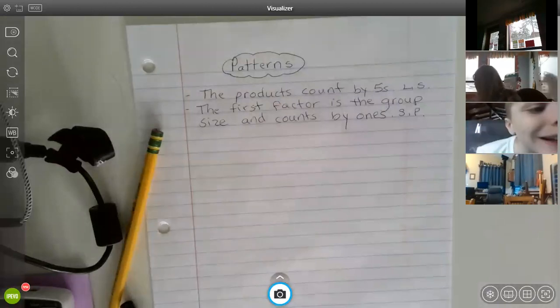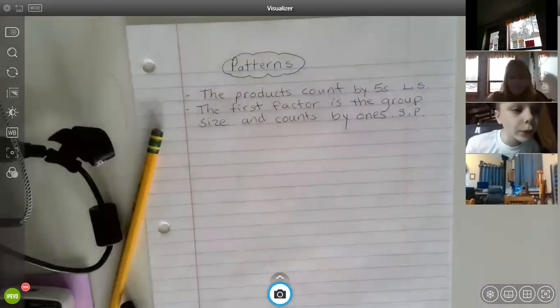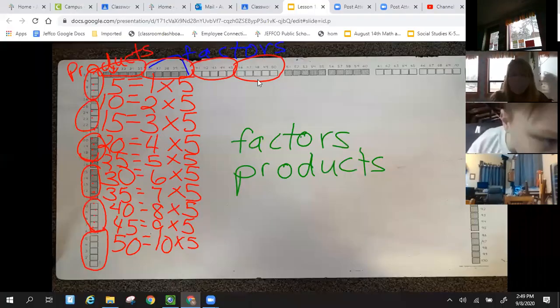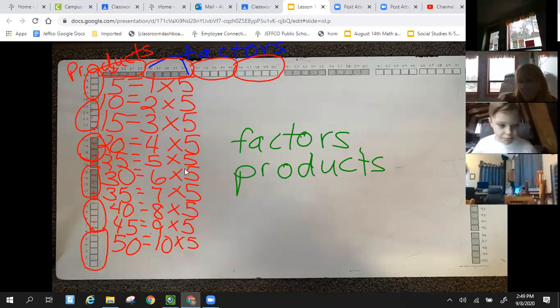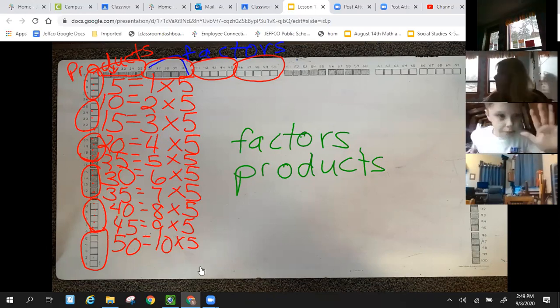Abby, what did you notice? Here, let's go back. What else do you see? Factors? Yes, so the first one goes in counting order. Does anybody notice something about the second factor?